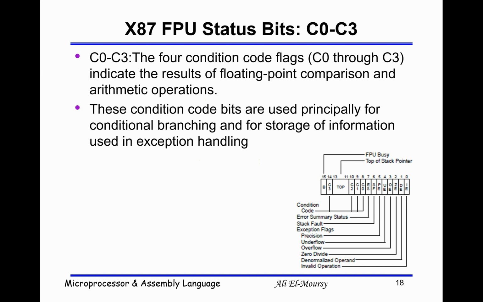The 4 condition code flags, C0 through C3, indicate the results of the floating point comparison and arithmetic operations to allow the conditional jump instructions to work. These condition bits are used principally for the conditional branches, as we just explained.